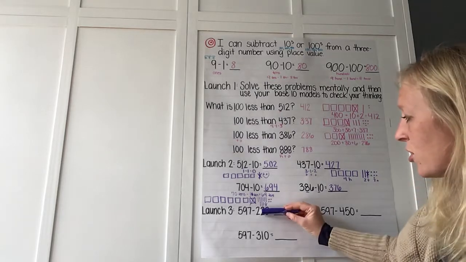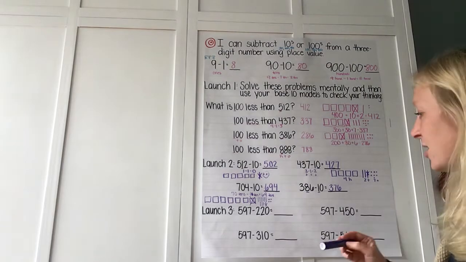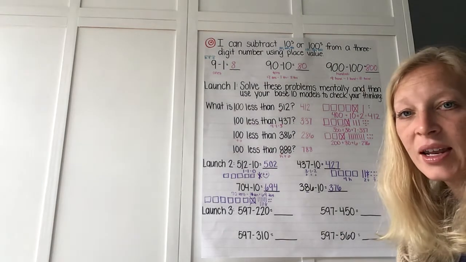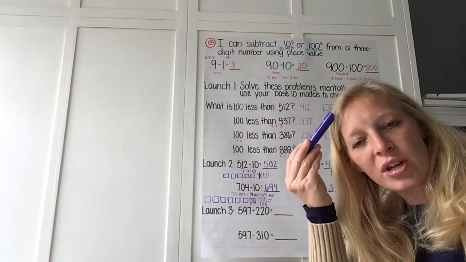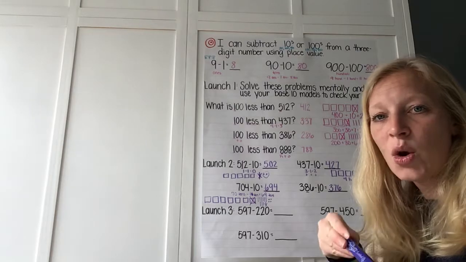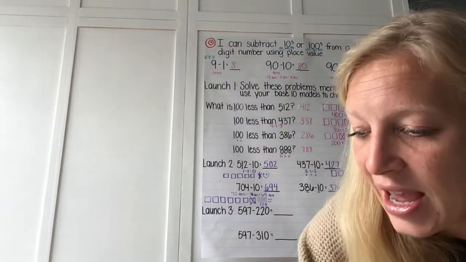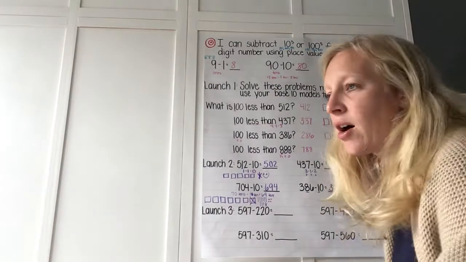But now you have some more hundreds or some more tens to take away. Go ahead, do some solving on your own. Again, I want you to see what you can do in your head, mental math, and then you can prove it with your base 10 models. Go ahead and you may begin to solve.